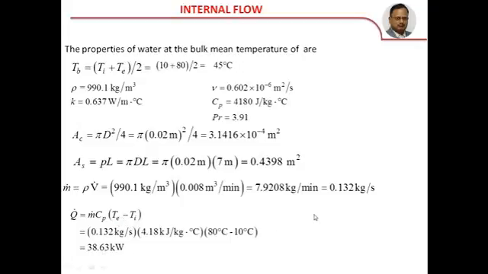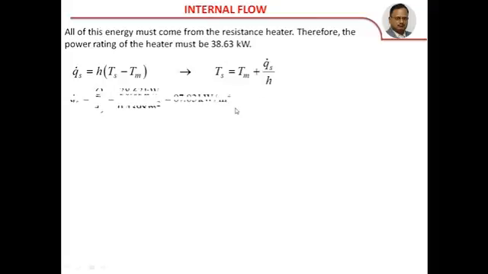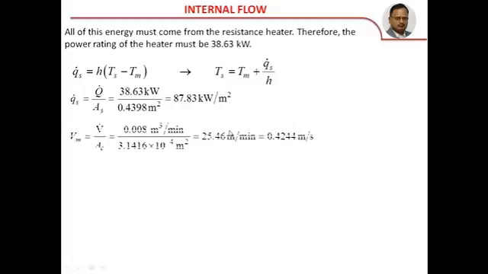The cross sectional area of the flow is pi by 4 d square, the surface area of the pipe is pi d L, and the mass flow rate is density into discharge. You will get 0.132 kg per second, and the rate of heat transfer is mass of the fluid times specific heat times exit temperature minus inlet temperature, 38.63 kilowatts. So all this energy must come from the resistance heater, therefore the power rating of the heater must be 38.63 kilowatts.